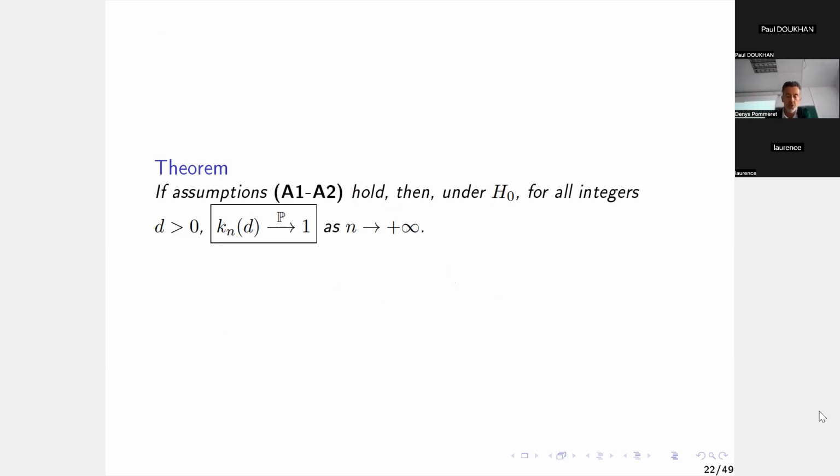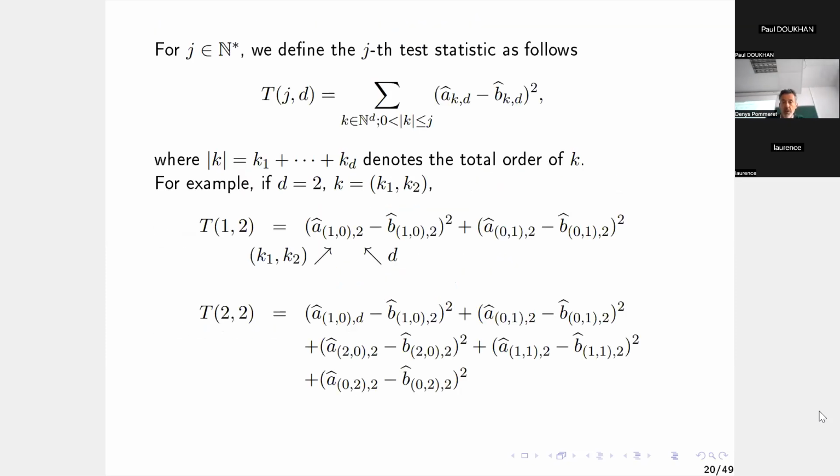I do not show them, but the idea is that such a penalization always tends to 1 if you are under the null. That is, if the processes are the same, all the coefficients here are noise because they are equal, so asymptotically they tend to 0.